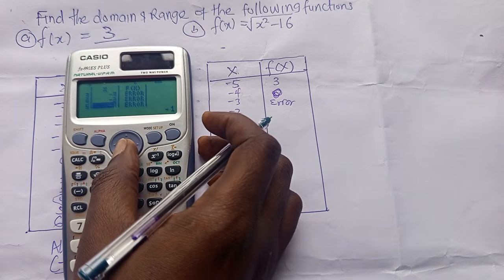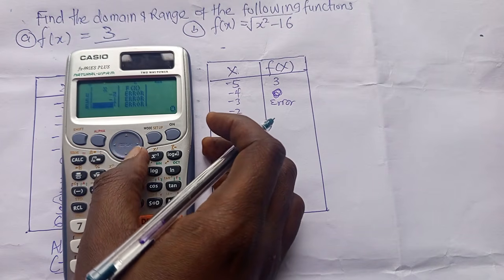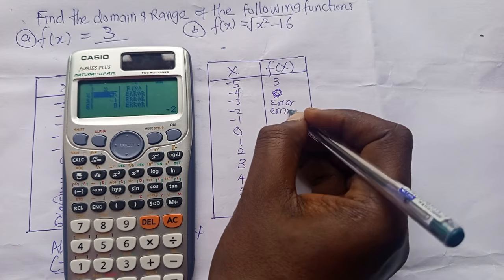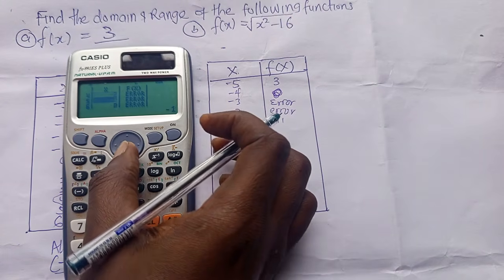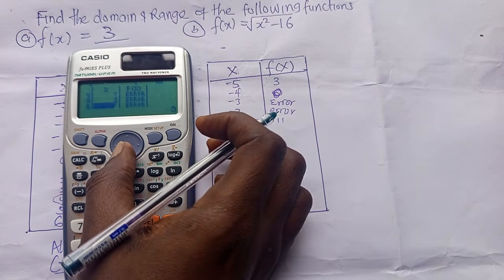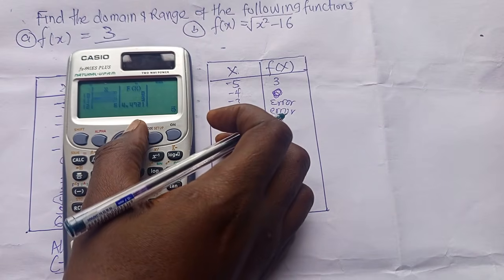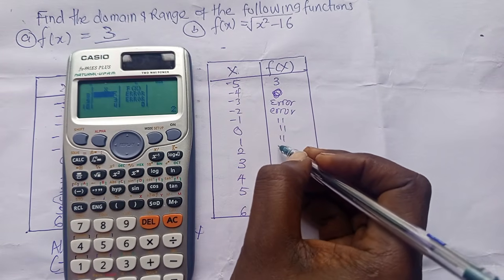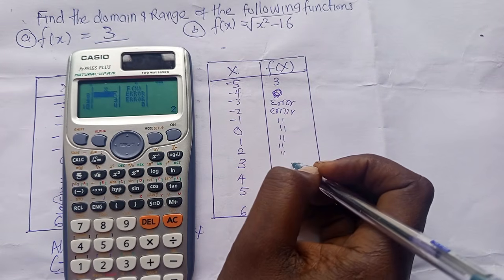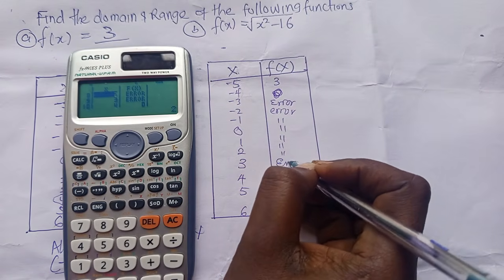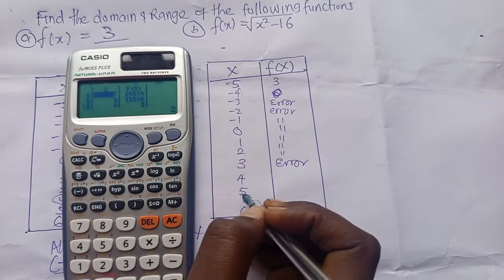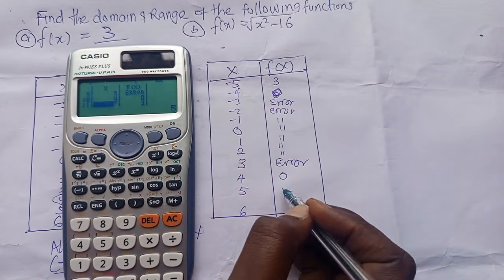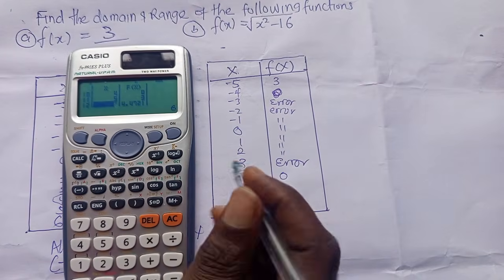Now you scroll down with the down button, and you see error, error, continuing until we get to 4. The errors continue until it stops at 3, then you start again at 0, then 3 again.